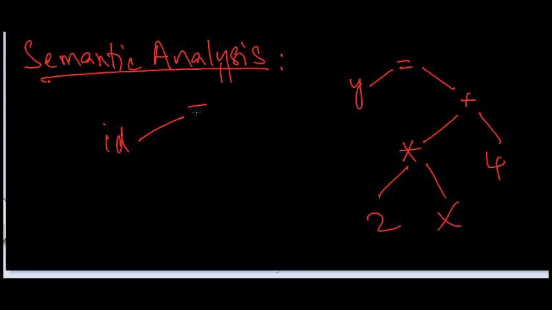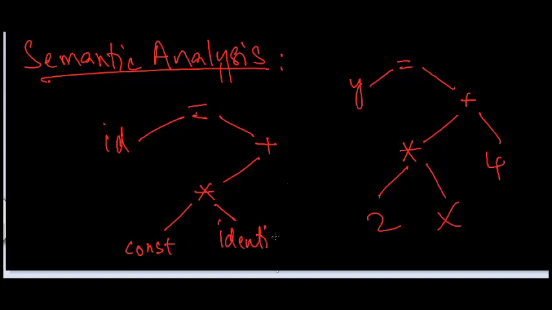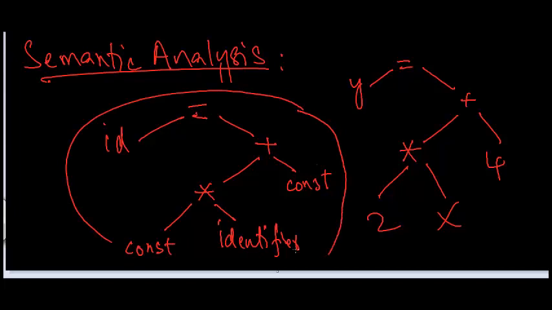This would be the equals sign, right? This would be the plus operator. This would be the star operator, and then this would be a constant, right? This would be an identifier, right? And this would be a constant once again. So something like this. I'm just trying to give you an idea. So this annotated abstract syntax tree is created as part of the semantic analysis.